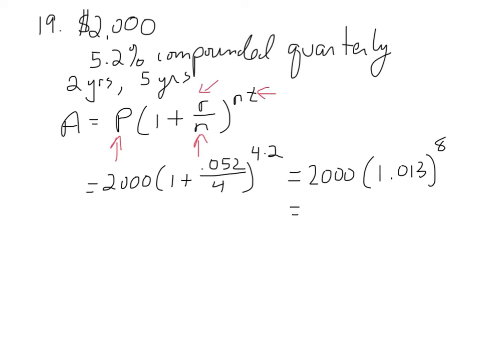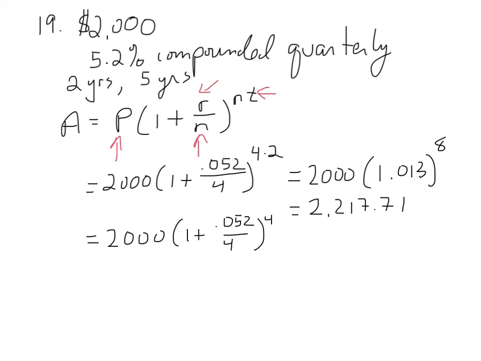So 2,000 times 1.013 raised to the 8th, and you end up with $2,217.71.